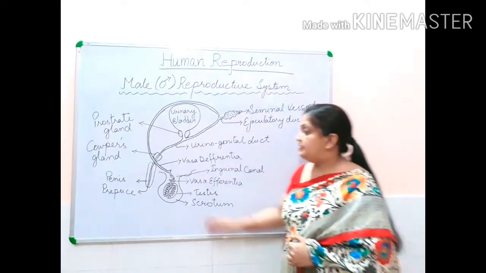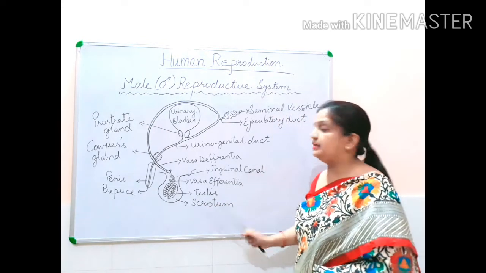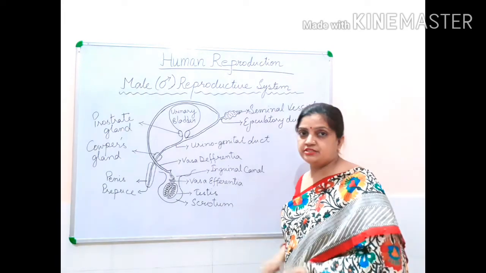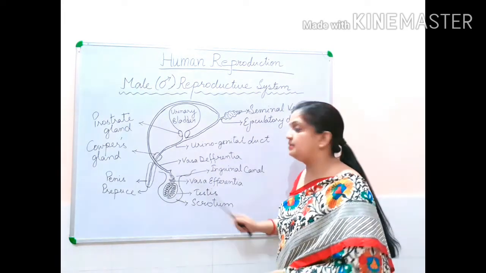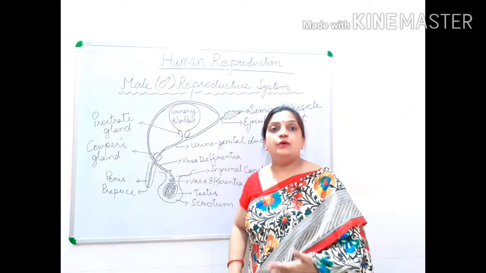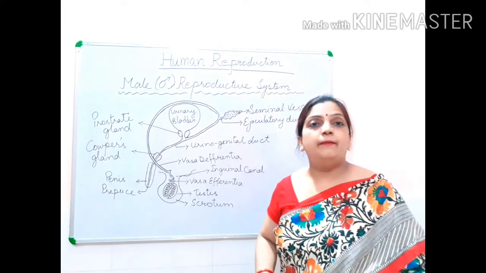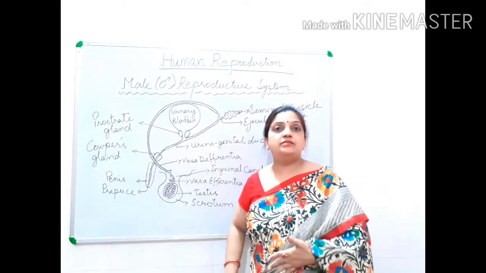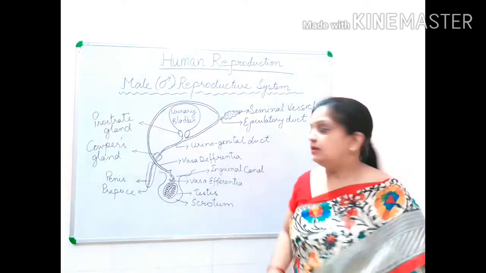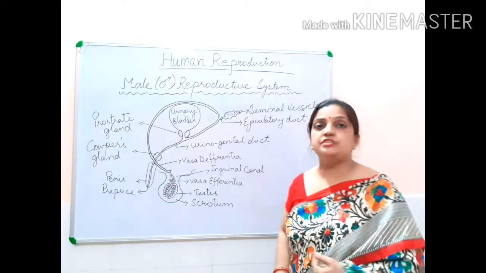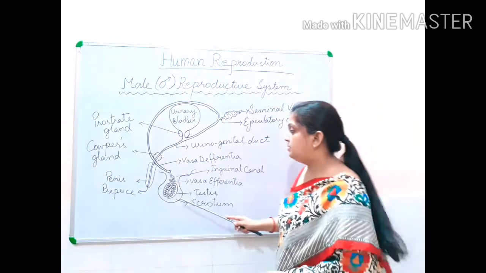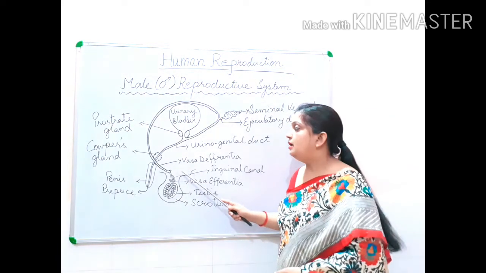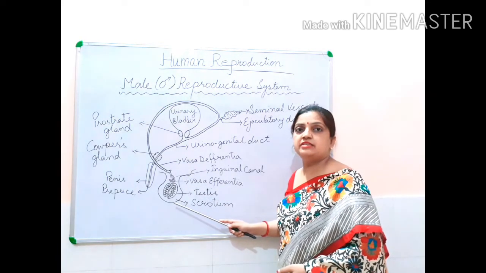Next, this testis is located inside the scrotum, and this transfer of the testis into the scrotum takes place when a child is inside the mother's womb, during fetal development only. During the fetal development only, this testis shifts from the internal part of the abdomen to the extra-abdominal cavity, that is the scrotum.